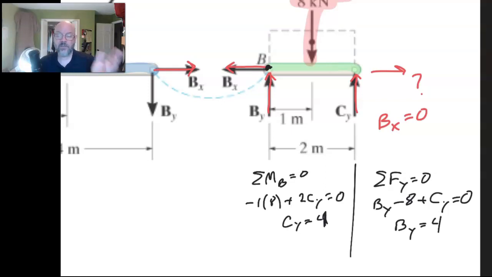On a test, if you don't go through that, at least say something like, because of symmetry, we know that BY and CY are going to have to match. You have to at least have a reason for why you're doing it. If you just write it down on a test without a reason, I can't give you credit for that. But we figured out CY and BY.